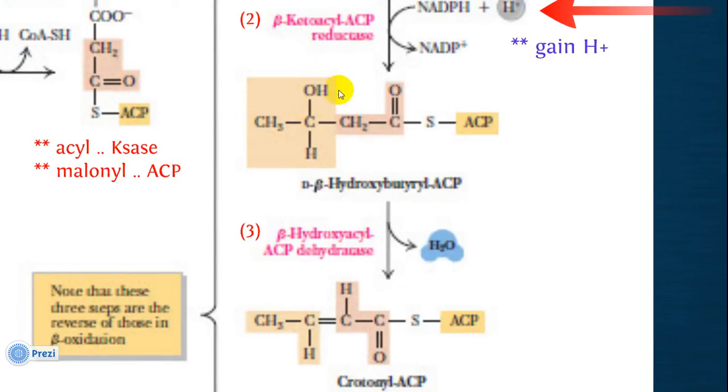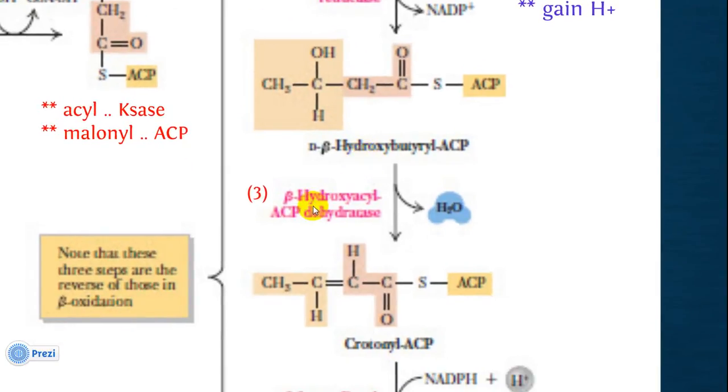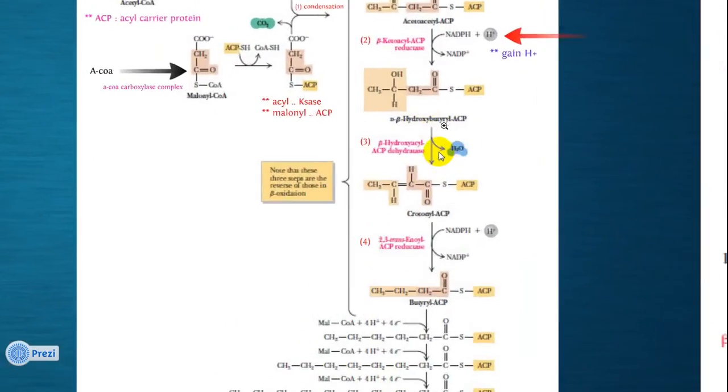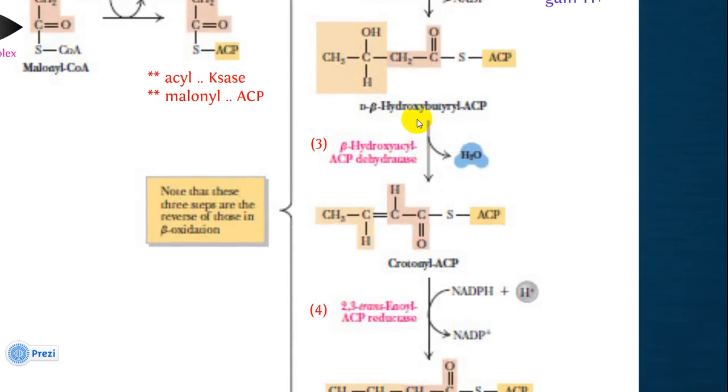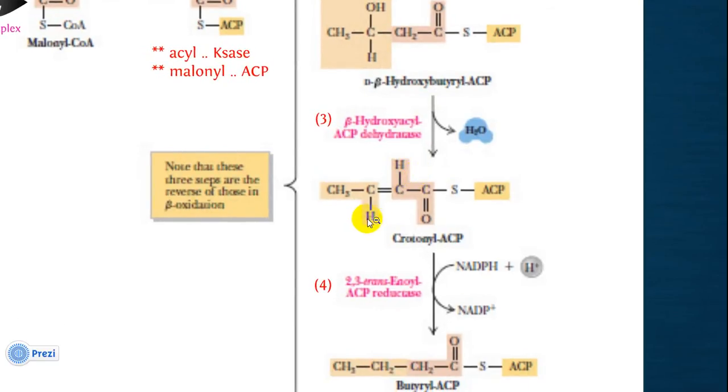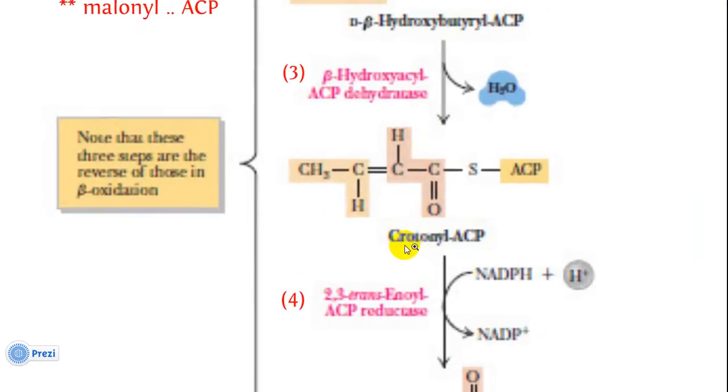Because we have formed an OH group, a hydroxyl group. This compound will react with beta-hydroxyacyl ACP dehydrase. Dehydrase means that this enzyme can take a water molecule from this compound. So we will remove a water molecule from this compound to form a compound called crotonyl.